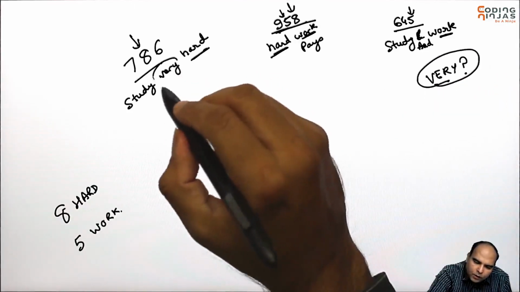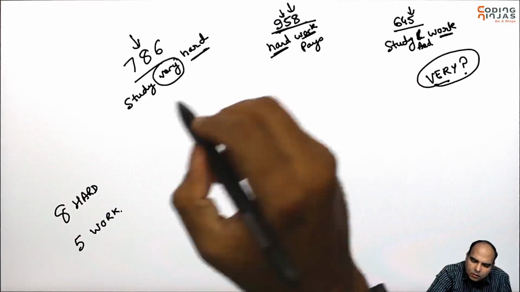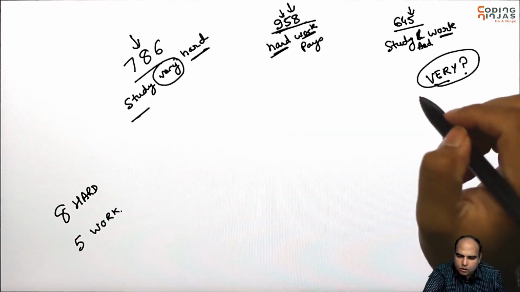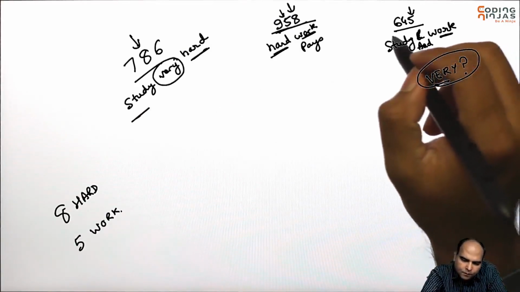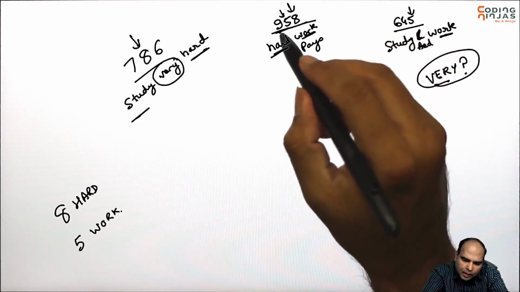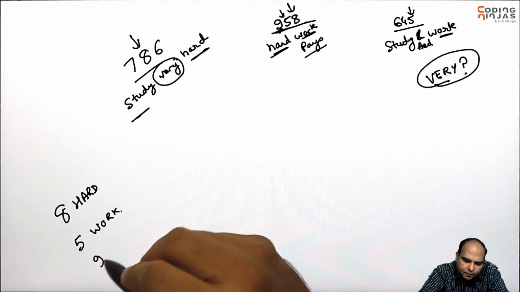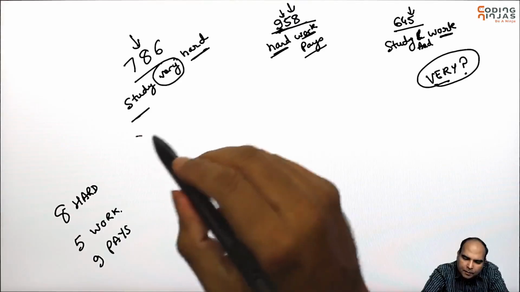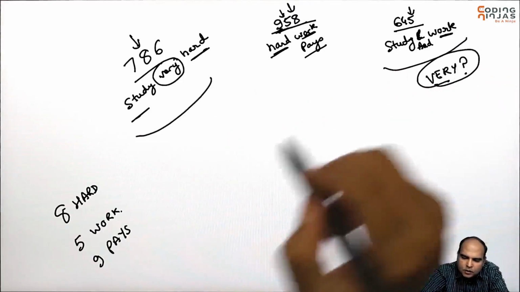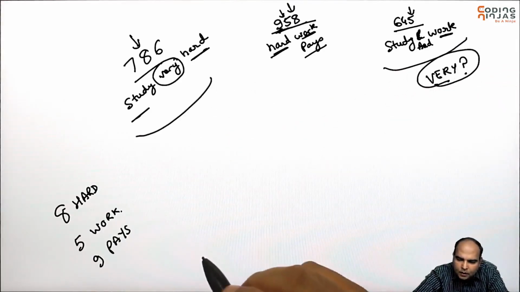To get to "very," you need to understand what study means. So before you move on, you already know 8 and 5 now as hard work. So 9 will mean pays.